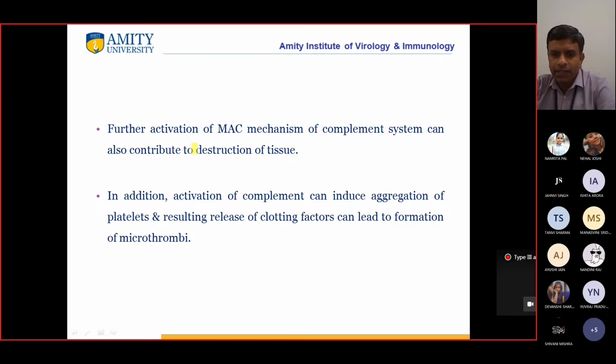Now further activation of the MAC complement system can also contribute to destruction of these tissues, because at that site the complement system is also activated. In addition, activation of complement can induce aggregation of platelets, resulting in release of clotting factors and leading to formation of microthrombi. So that is another problem associated with this reaction.